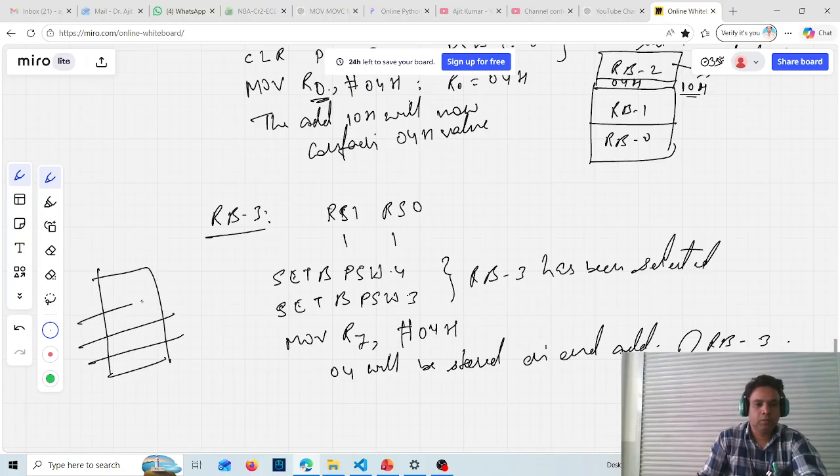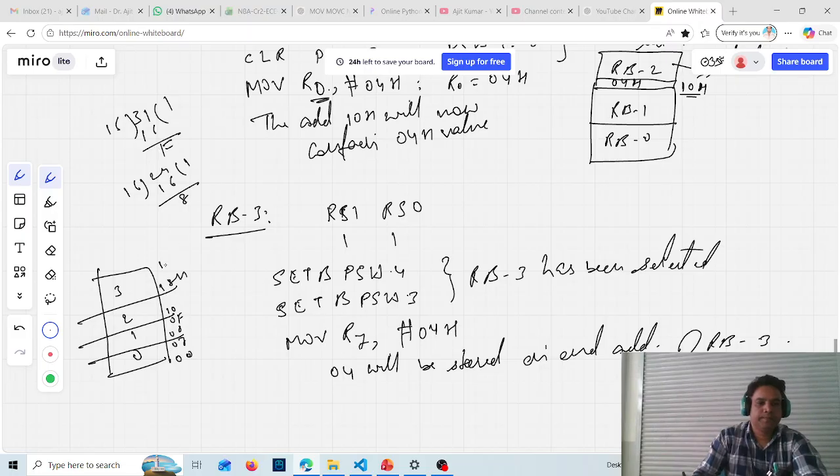Register banks 0, 1, 2, 3. So 00 was the starting address, then 07, then 08, then 0F, then 10, and so on up to 1FH.